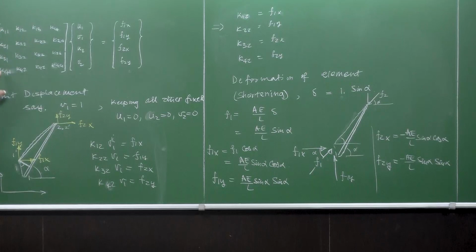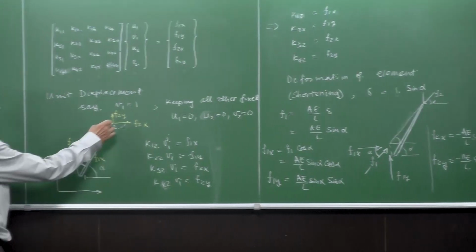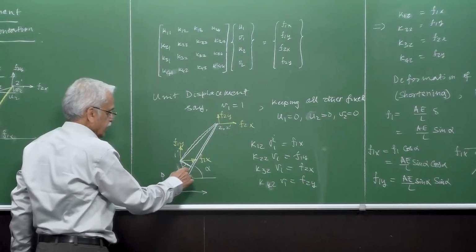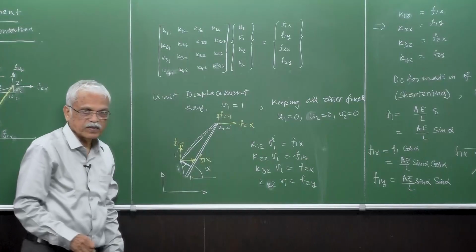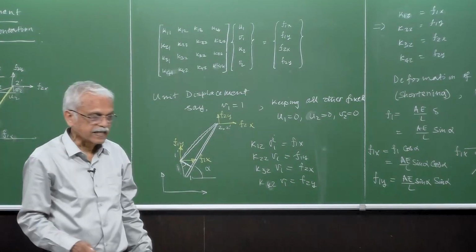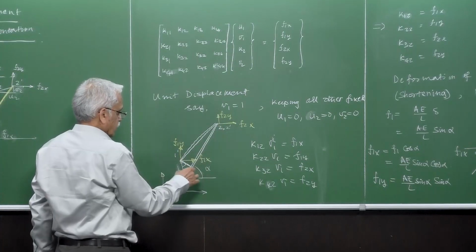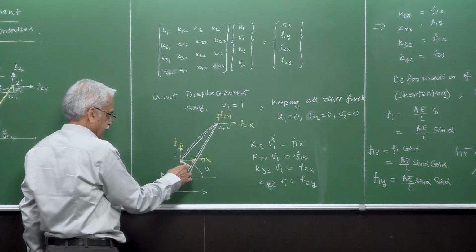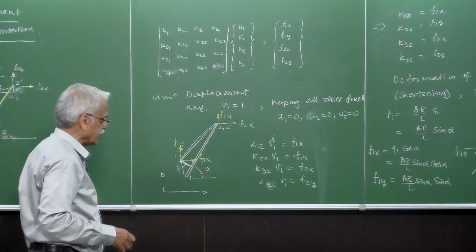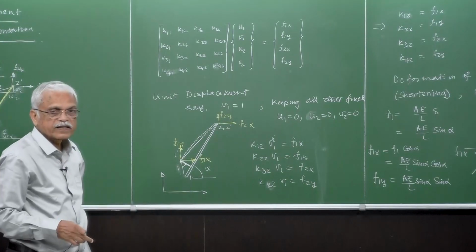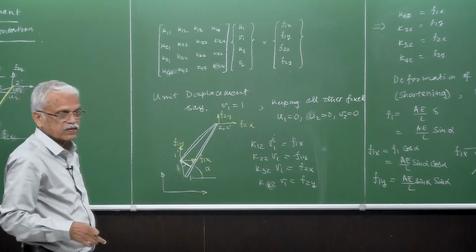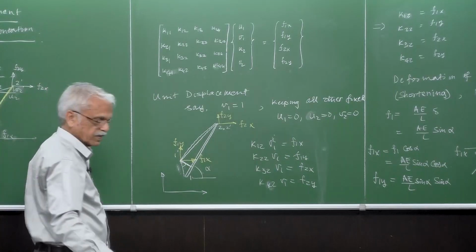For example, how do you calculate the first column here? To calculate the first column, node 1 will have a displacement of 1 unit in the x direction, the horizontal direction, and find out its projection length on the original orientation, find out the deformation, and accordingly you calculate the whole thing, right?